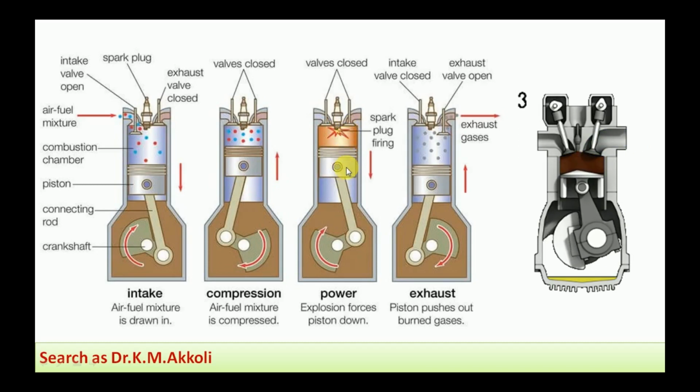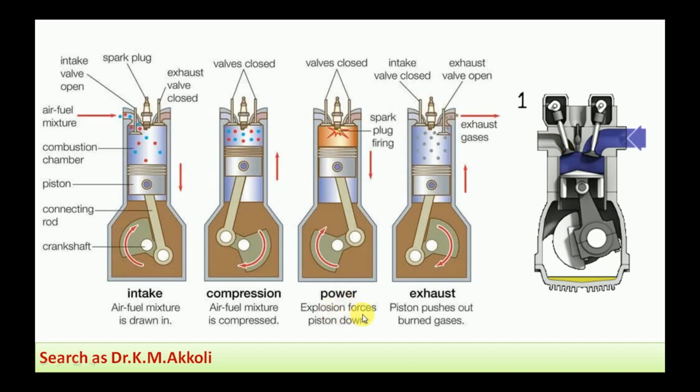In this power stroke, the piston moves from the top dead center to the bottom dead center. Both inlet and exhaust valves remain closed, and due to the force produced by the burnt gases, the piston moves in the downward direction, and the crankshaft makes half a revolution. This stroke is very important, where the power is produced from the combustion of the fuel. That is the power stroke.